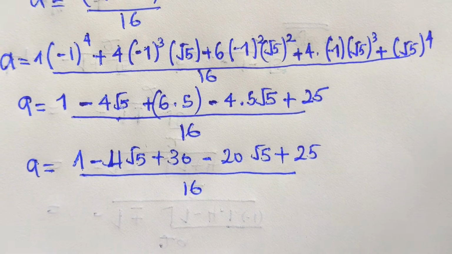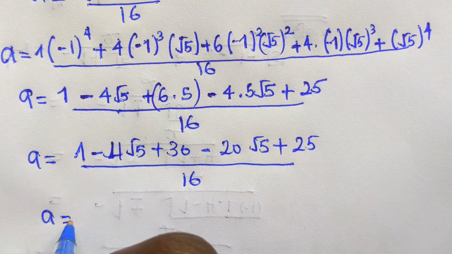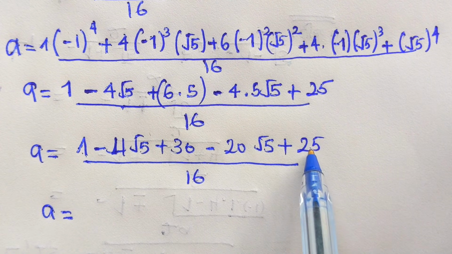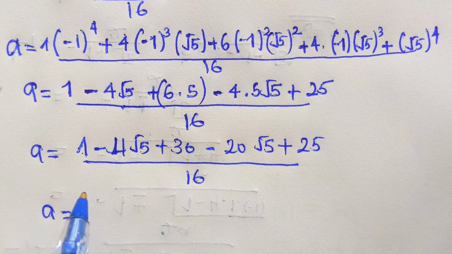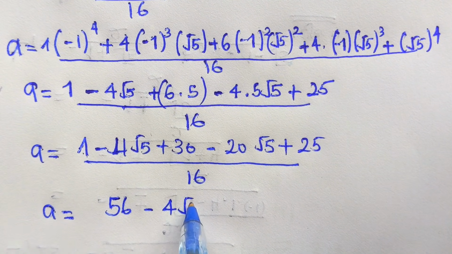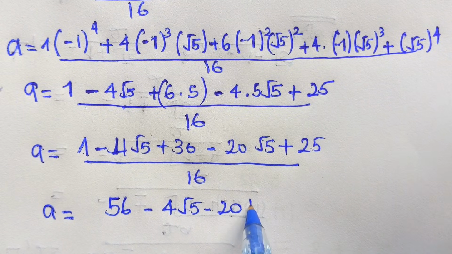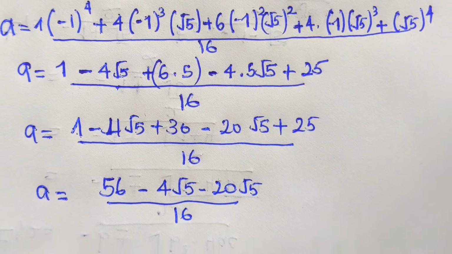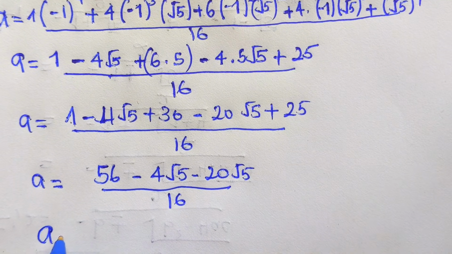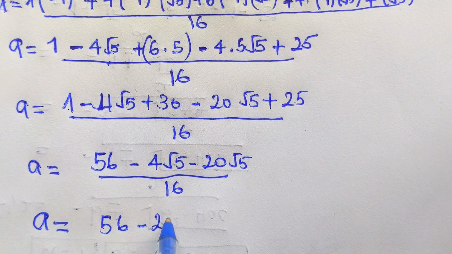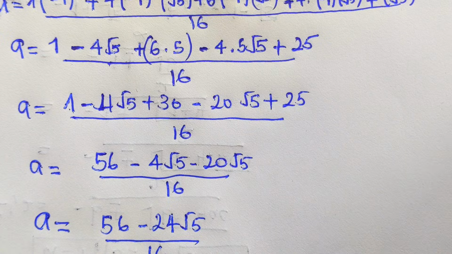And of course a will be, this is 1 plus 30 plus 25, that is 56, then minus 4 square root of 5 minus 20 square root of 5 over 16, and our final answer a will be 56 minus 24 square root of 5 over 16.